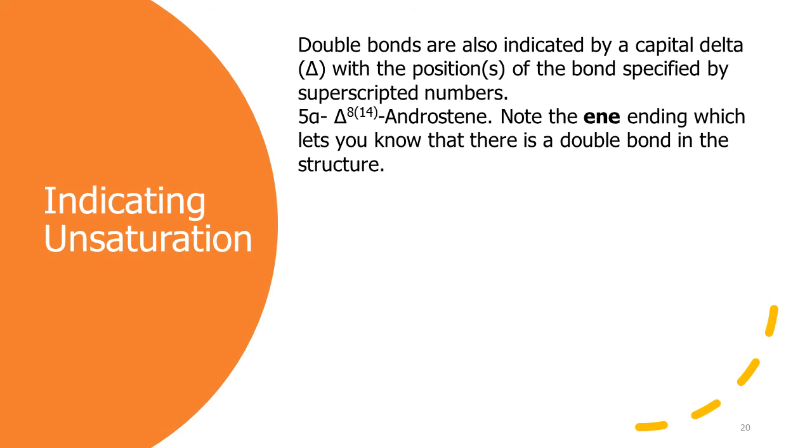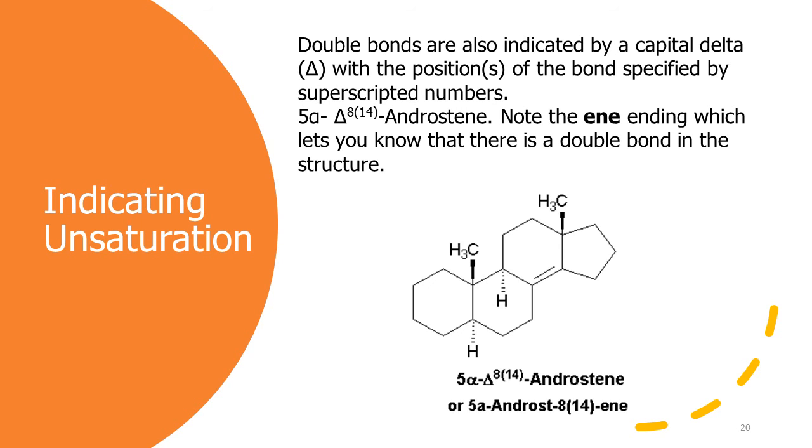Note the -ene ending, which lets you know that there is a double bond in the structure. So the double bond is between the 8 position and 14 position, so here delta 8(14) is mentioned.